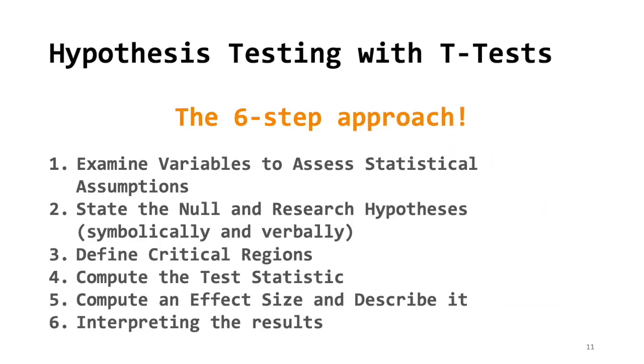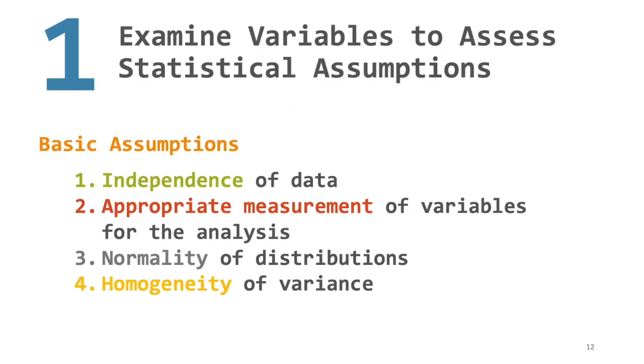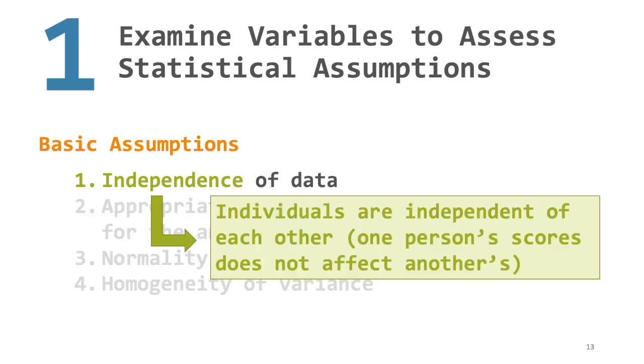As before, we're going to use the 6-step approach to hypothesis testing. Number one is examine the variables to assess the assumptions. So our basic assumptions are independence of data, which means the individuals are independent of each other. They don't influence each other at all.